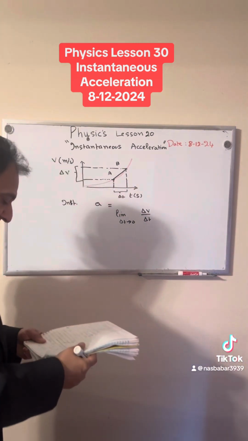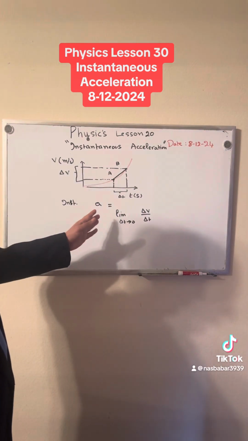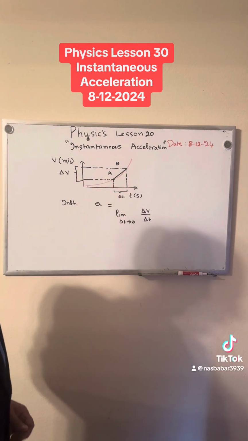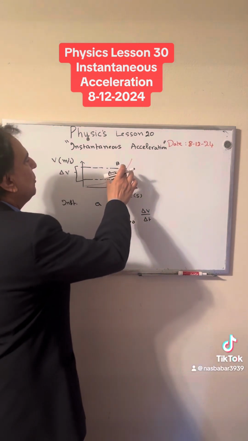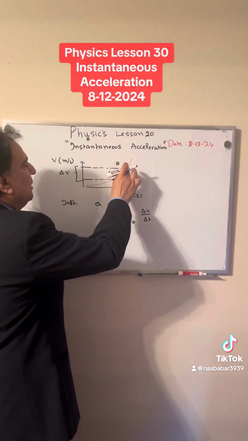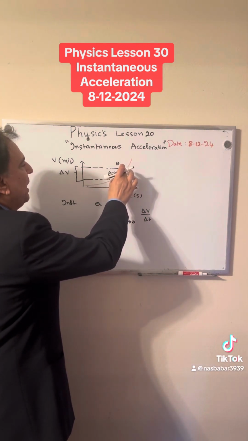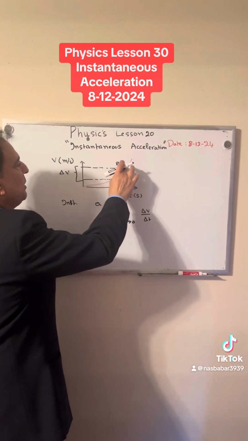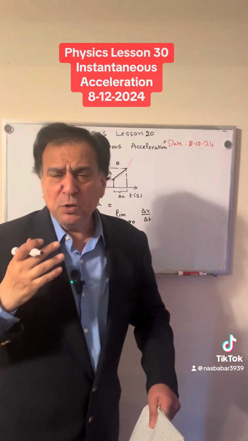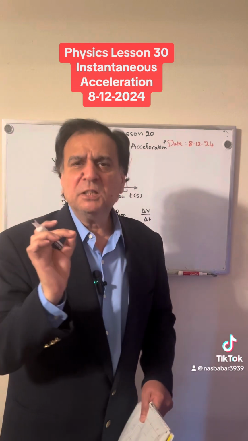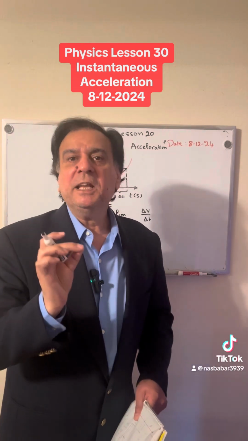So that is going to be my instantaneous acceleration at point A. I could calculate it using delta v and the difference delta t between point A and B, but it would not be accurate. The smaller the delta t is, the better the answer is.